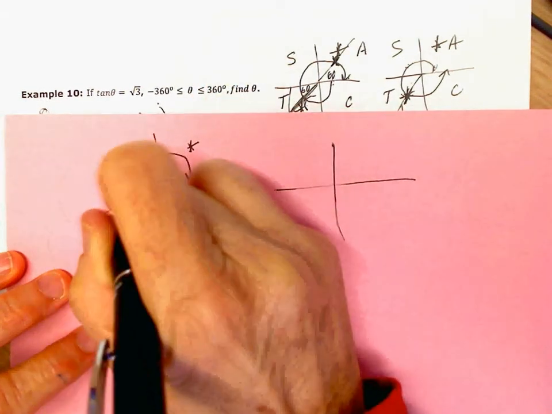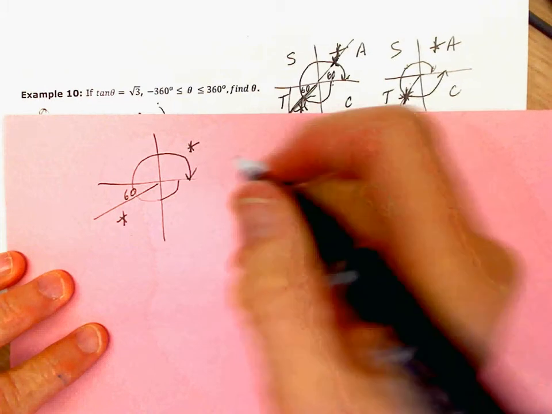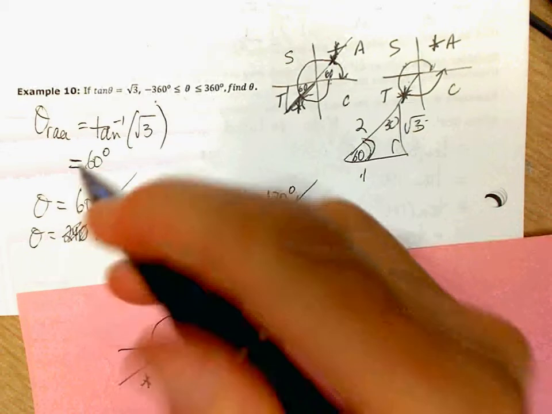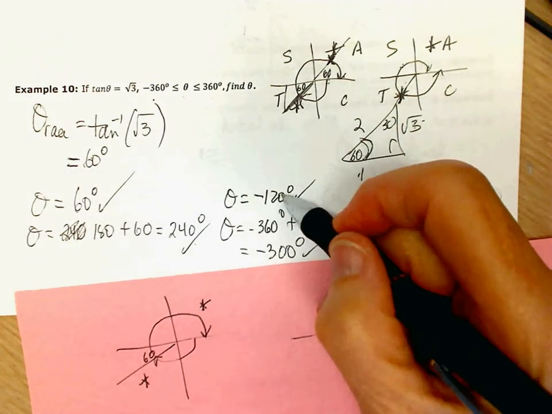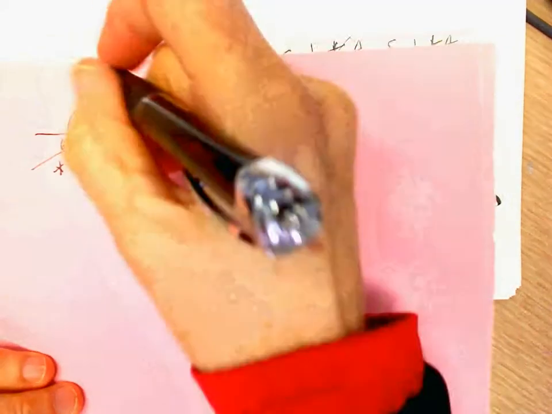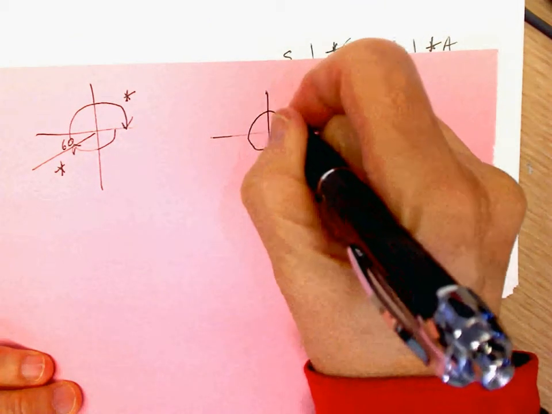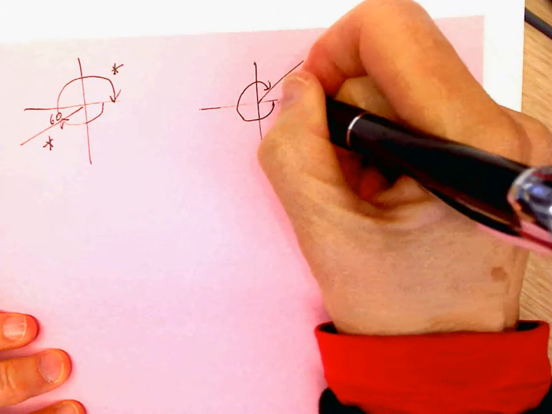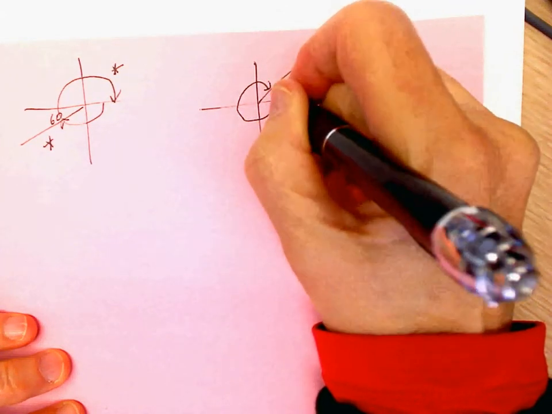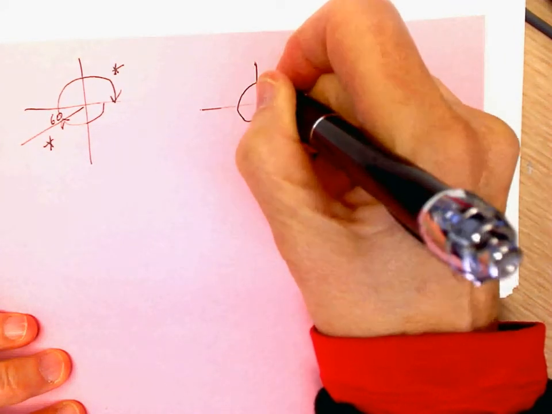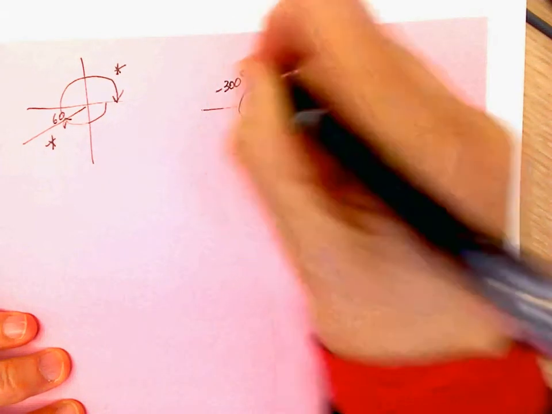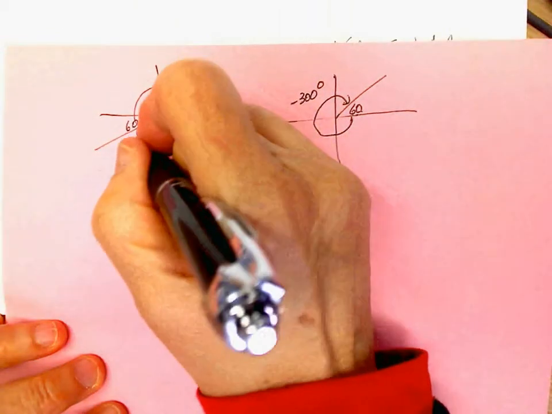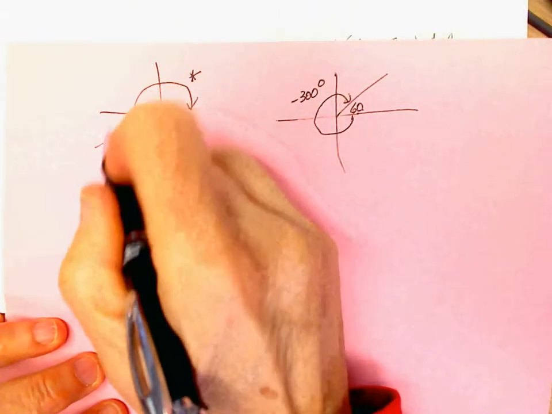Can you see that this is negative 120? One of the answers has to be negative 120. Now, also going in the negative direction, one of my answers has to be here. So can you see that if the related acute angle is 60, this must be negative 300 to get a related acute angle of 60? This has to be negative 120 degrees to get a related acute angle of 60, like they're ending up here or here.